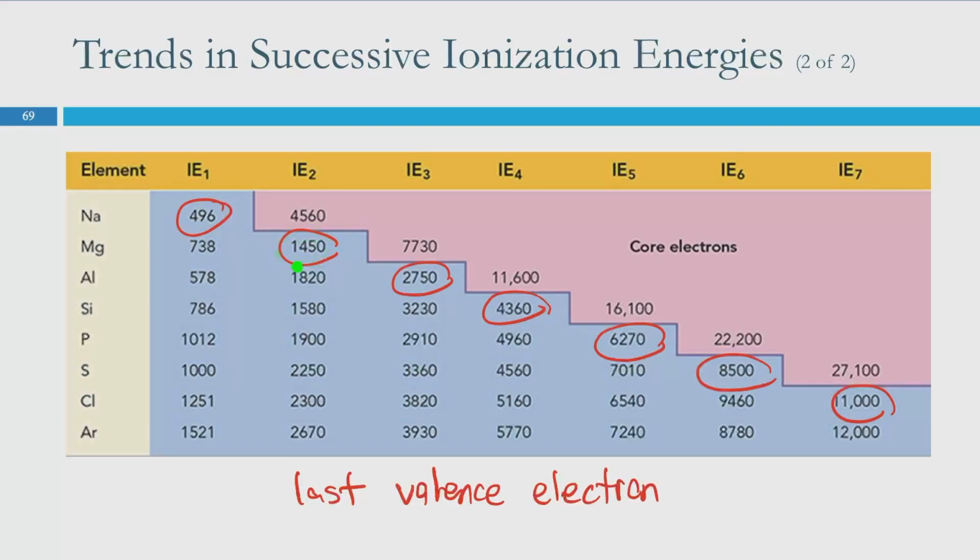So removing your last valence electron compared to your second to last is easier. There might be some comparison that I'm missing there, but relatively easy compared to other ionization energies.